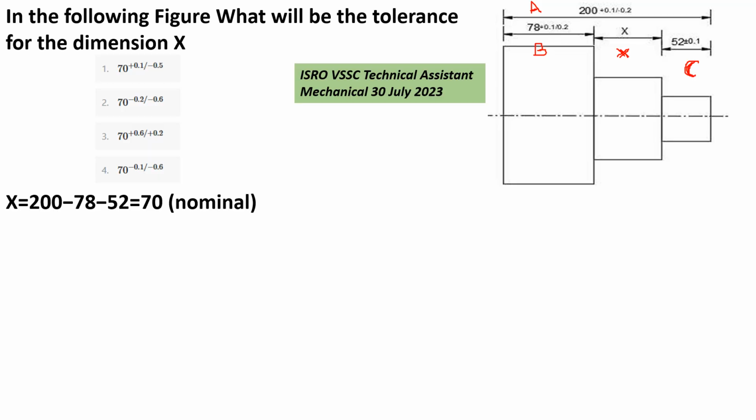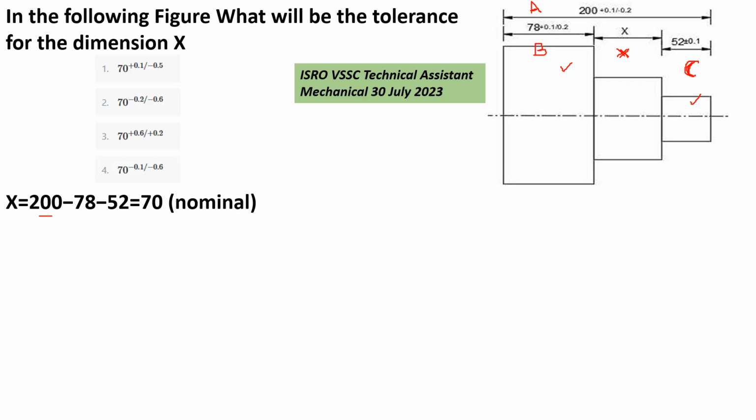First we have to determine the nominal length of the X part, which is X equal to the overall length minus the remaining 2 individual lengths, that is X equal to 200 minus 78 minus 52, which is equal to 70.